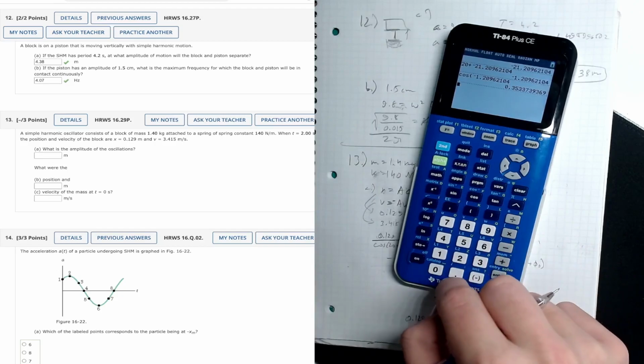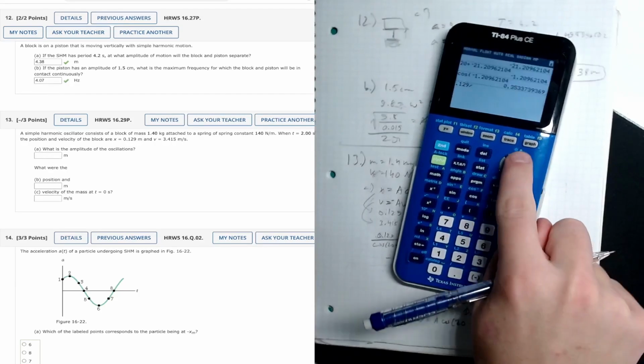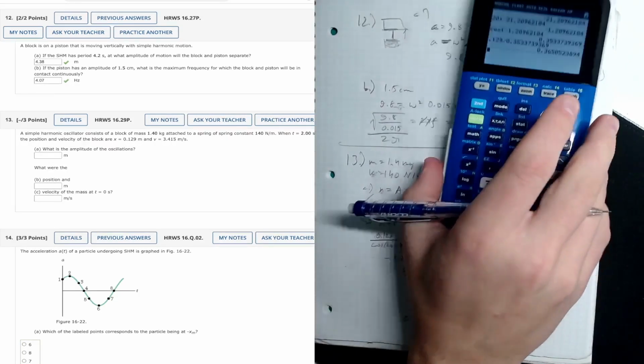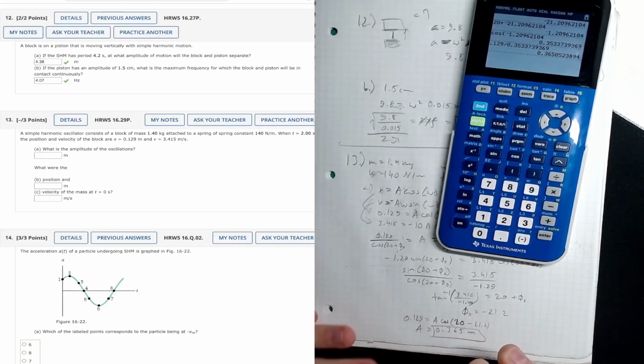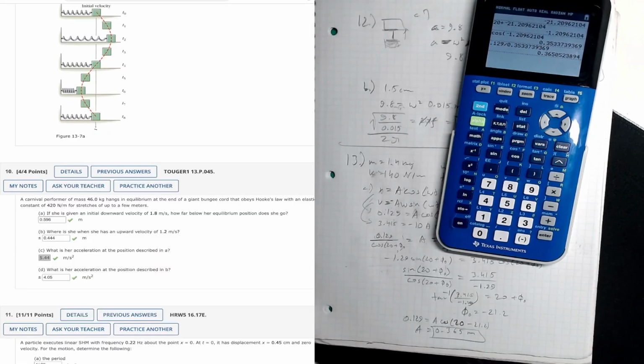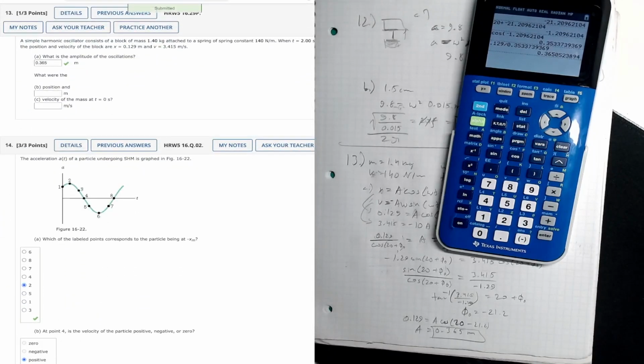So A is equal to 0.365 meters. Alright, 0.365 meters. Is that correct? That is correct right there, guys.